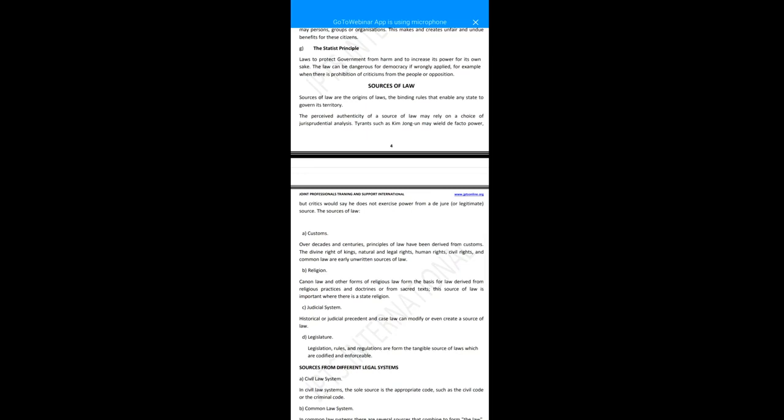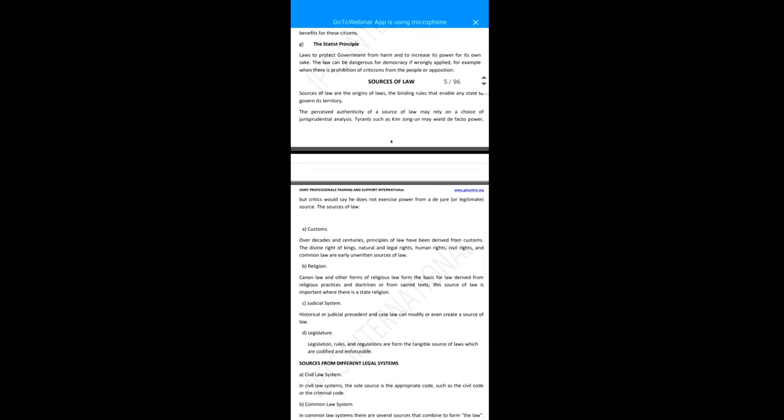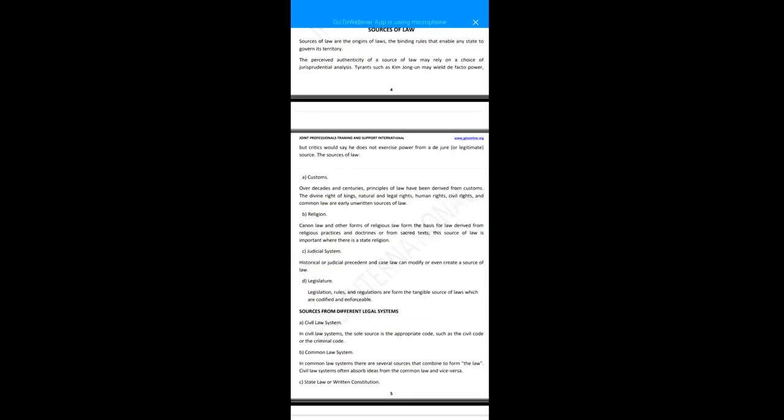Now, the judicial and the legislature, they are the main source of law, which can be enforced or it can be modified at any time.